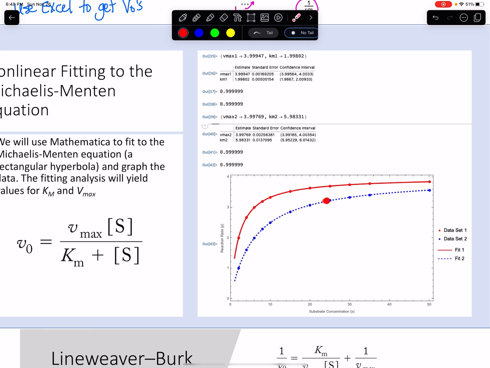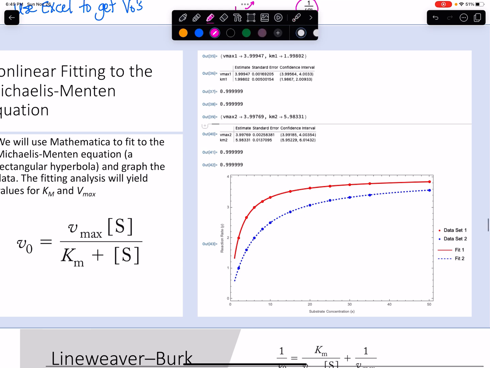And the line is how well the fitting fit to those data points, okay? Now I used artificially generated data, so all my points fall on the line perfectly and I get a perfect fit, so my correlation coefficient is like 1, but this is just for illustrative purposes.